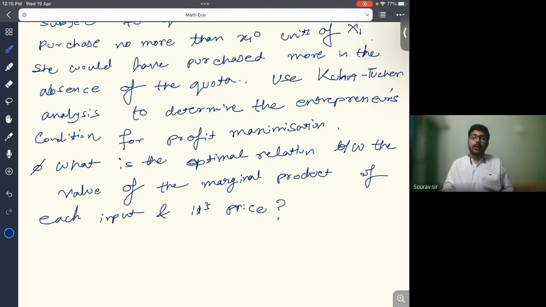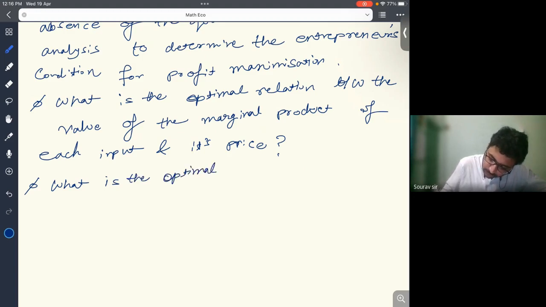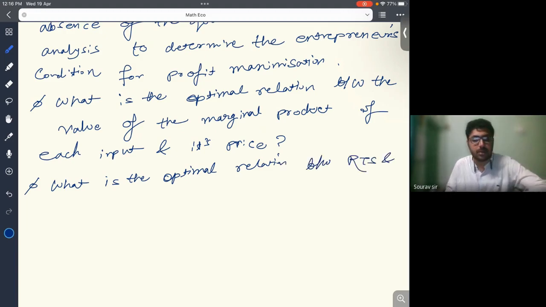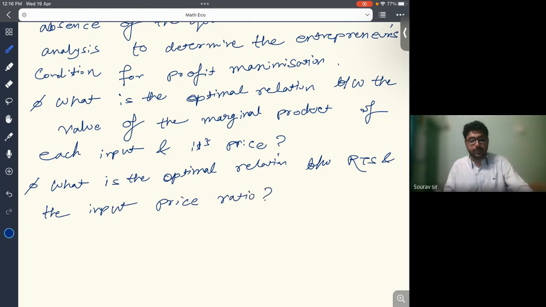And the third question is: what is the optimal relation between RTS and the input price ratio? So we have to deal with these questions.